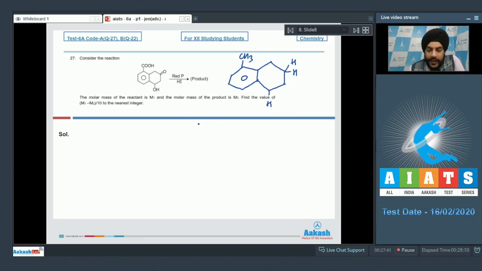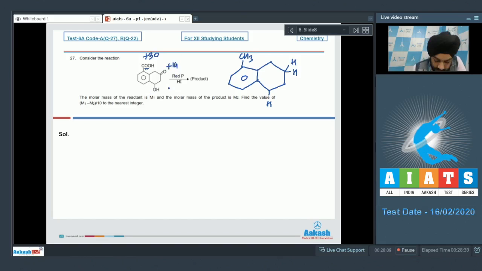Now students, we have to comment on the difference between the molar masses. So we can clearly see that the 2 oxygens have been removed over here and 2 hydrogens have been added. So there is a difference of 30 over here. If we talk about this ketone functional group which was present, the oxygen is removed and 2 hydrogens are added. So there is a difference of 14 grams over here.